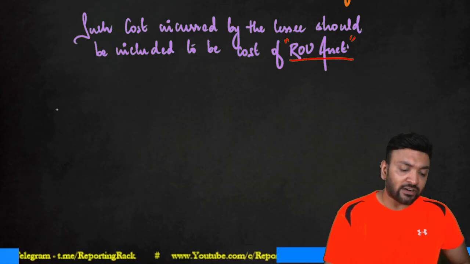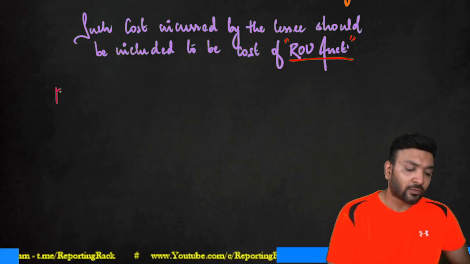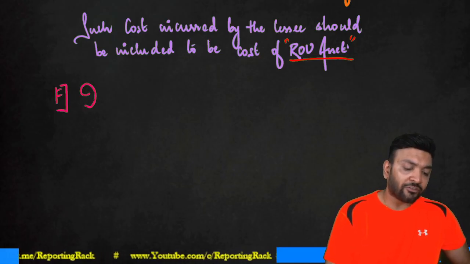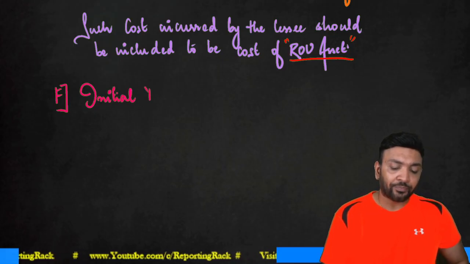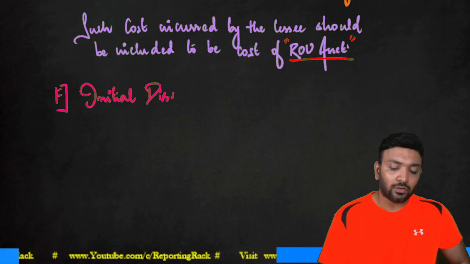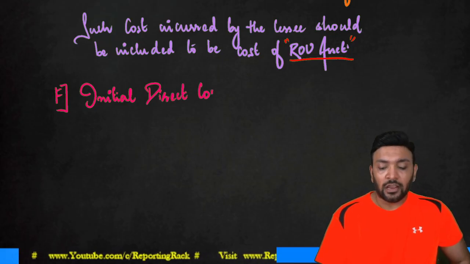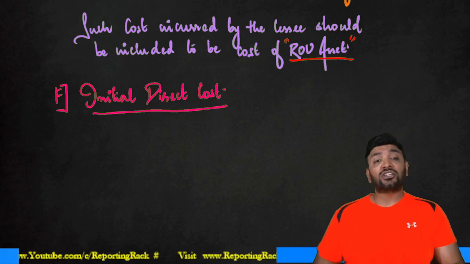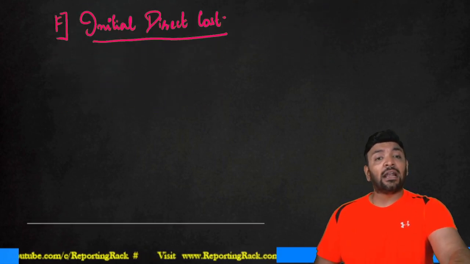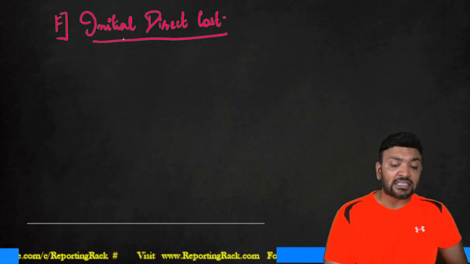I'll call this with the word of initial direct cost. If you have to define what is an initial direct cost, these are such costs which can be avoided if the lease of the asset was not taken up.